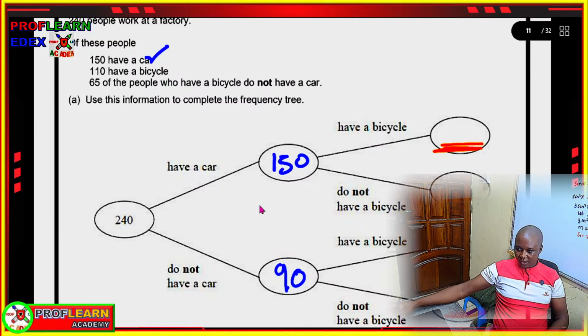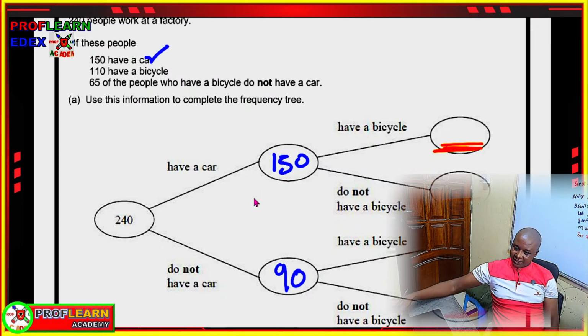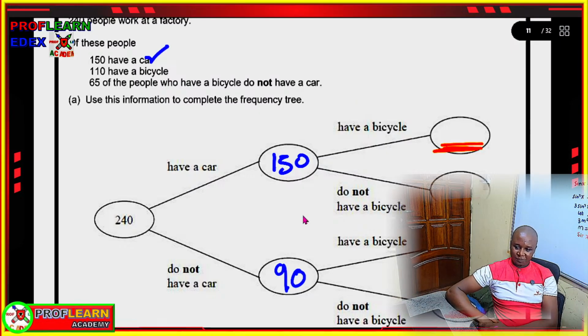Where is this correct? So what are we going to have there? Do not have a bicycle, do not have a car.